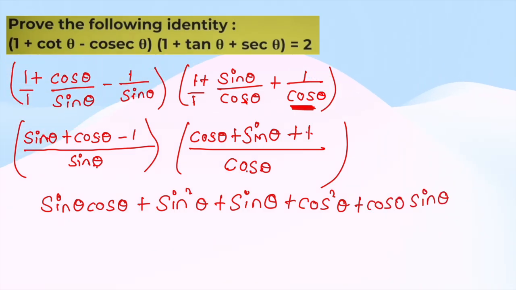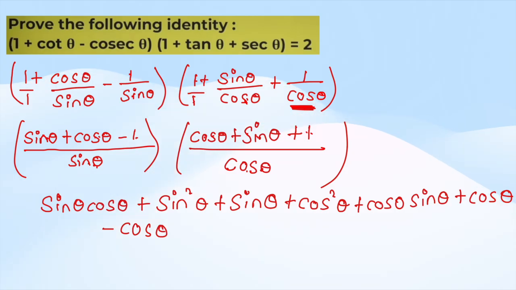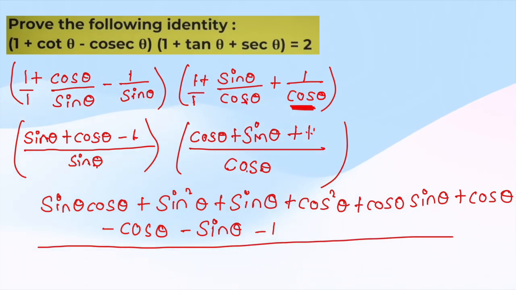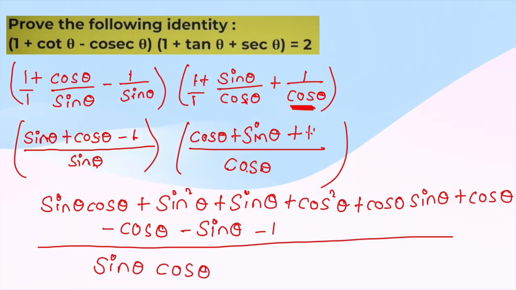And cos into 1, so it will be cos theta. Now minus 1 into cos theta is minus cos theta. Minus 1 into sine theta is minus sine theta. Minus 1 into plus 1 is minus 1. And in the denominator, sine theta into cos theta is sine theta cos theta.